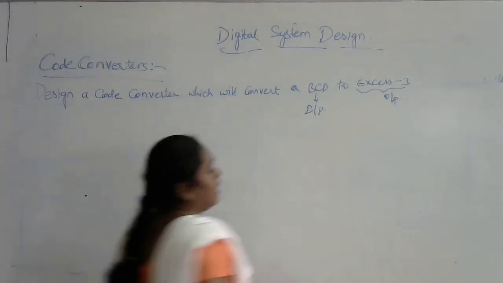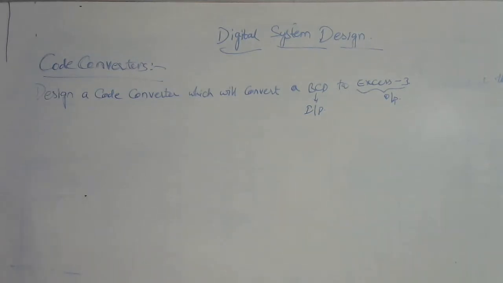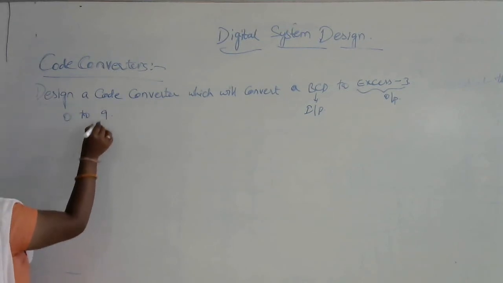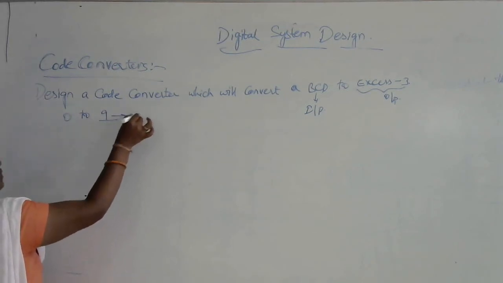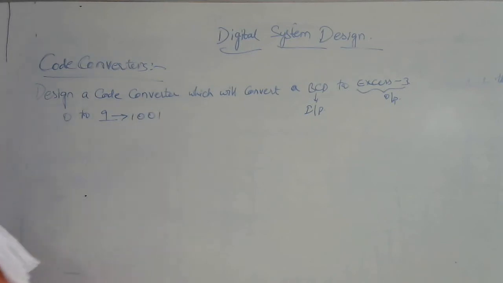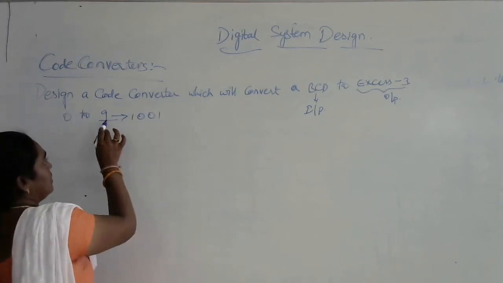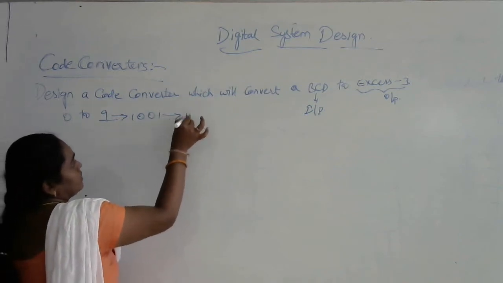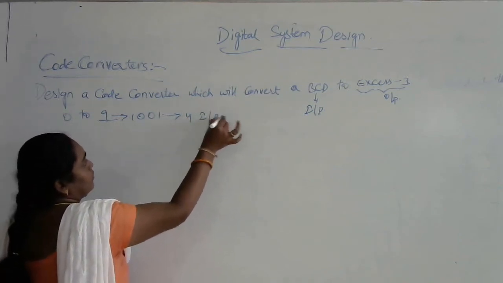In case of a BCD code, we know that the valid BCD numbers are from 0 to 9. The 9 equivalent is 1001. So the maximum digit of BCD is 9, which is 1001. That itself indicates we require 4 inputs.